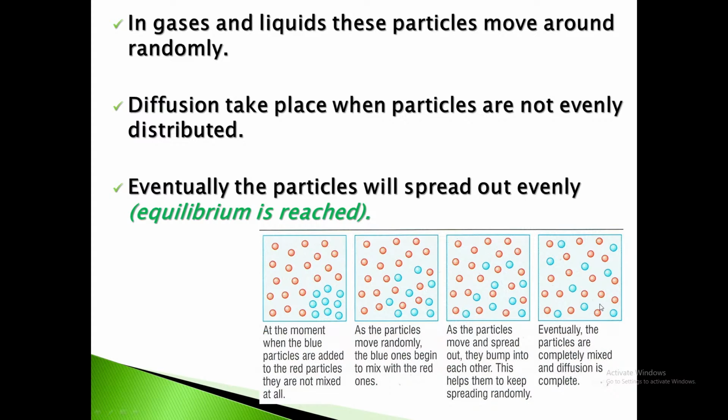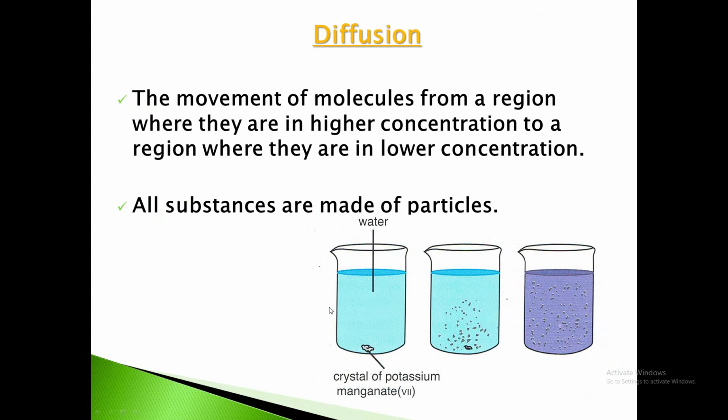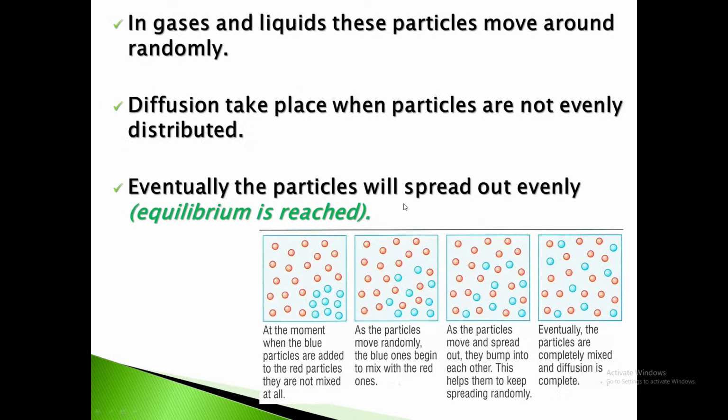That would be the region of higher concentration for the blue particles. Because remember, from the definition, we said that diffusion is a movement of molecules or particles from a region where they are in higher concentration to a region where they are in lower concentration.